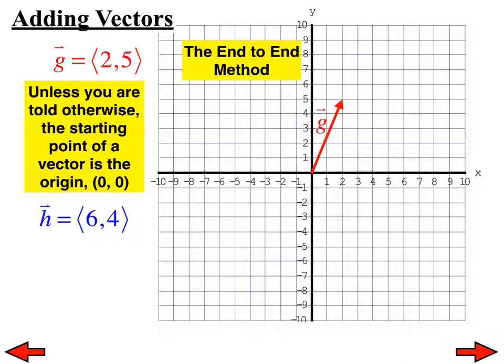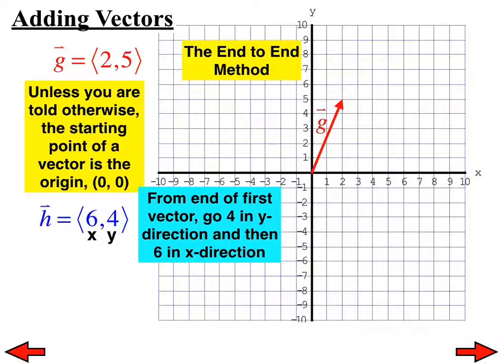But what we're going to do from the end of vector G is we're going to go in the x direction 6, and we're going to go in the y direction 4. So it's almost like you're taking the end of vector G and you're translating it 6 to the right and 4 up.